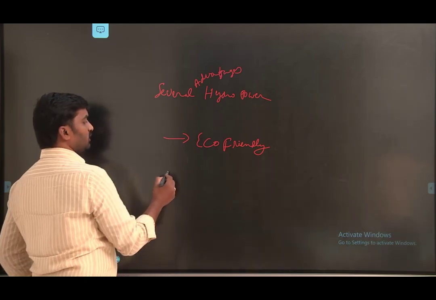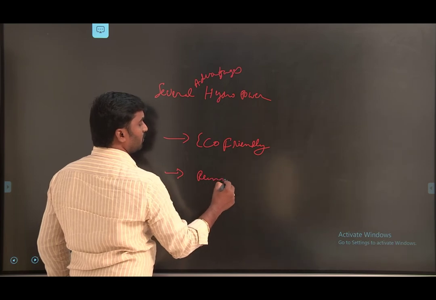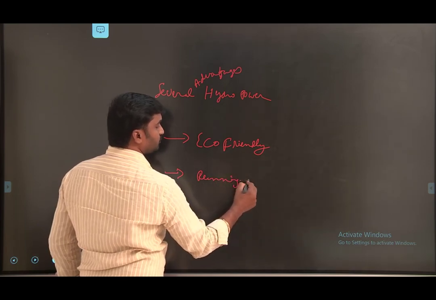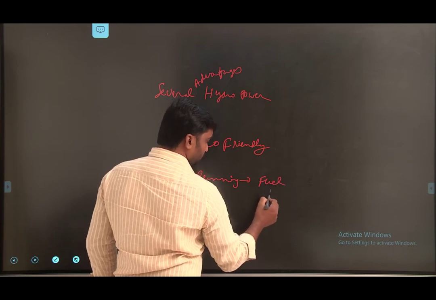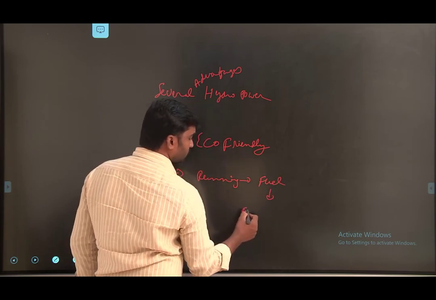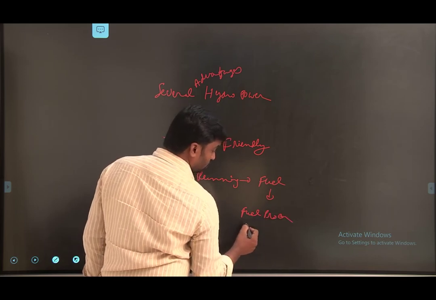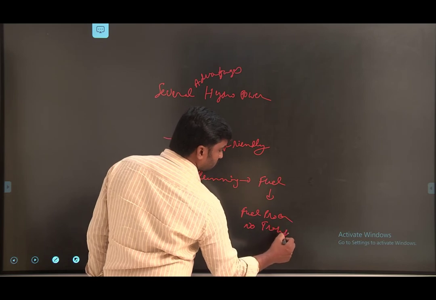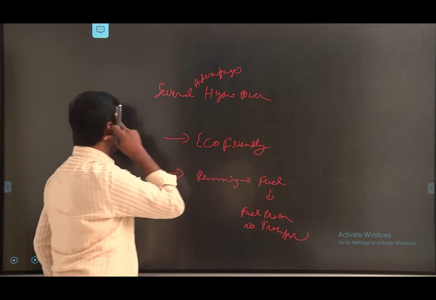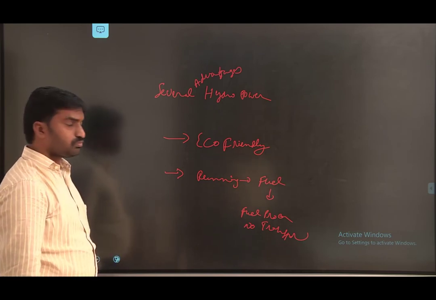And the running cost is very less when compared to other power stations, because there is no cost of fuel, no fuel processing, and no transportation is required. So that's why it's a very effective way to generate electrical power.